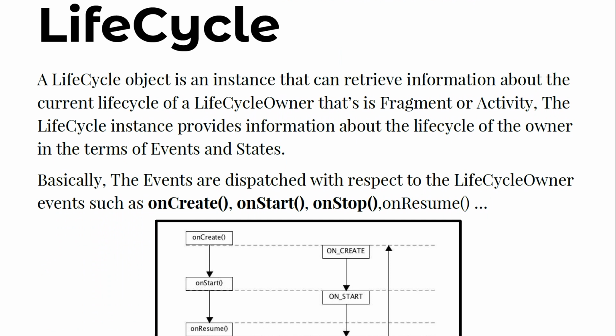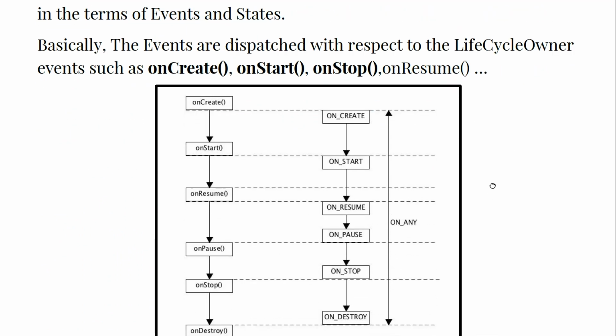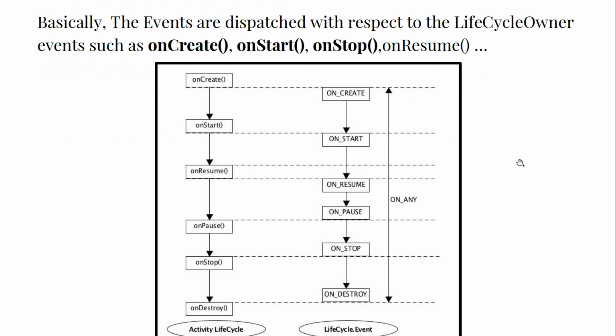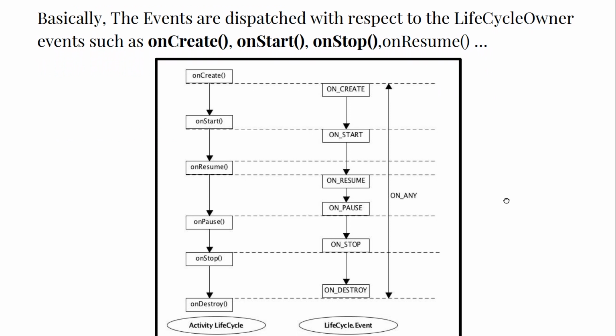The lifecycle object is an instance that can retrieve information about the current lifecycle of a lifecycle owner, that is a fragment or activity. The lifecycle instance provides information about the lifecycle of the owner in terms of events and states. Don't worry, we'll learn everything in detail in the next videos.